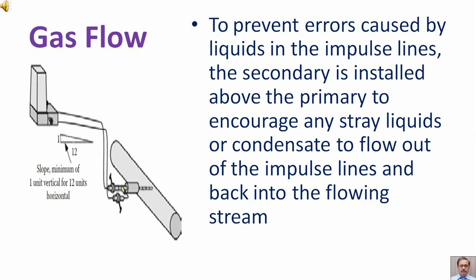To prevent errors caused by liquids in the impulse lines, the secondary is installed above the primary to encourage any stray liquids or condensate to flow out of the impulse lines and back into the flowing stream.